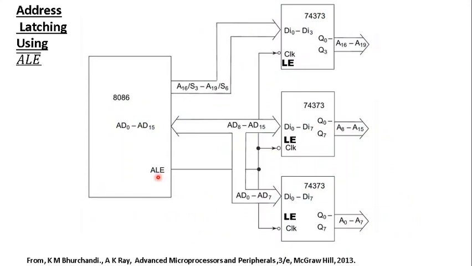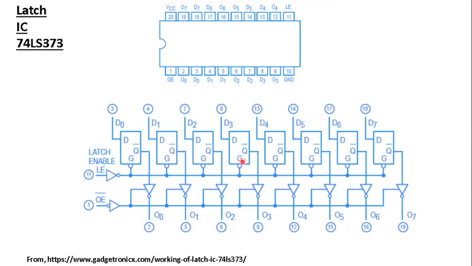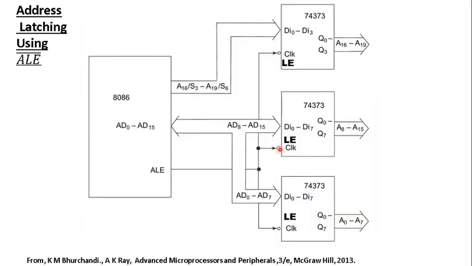In short, when address latch enable is produced by 8086 in the first clock cycle, T1, all these flip-flops will be enabled, and 8086 will be putting the address information on AD0 to AD7, AD8 to AD15, and A16 to A19.